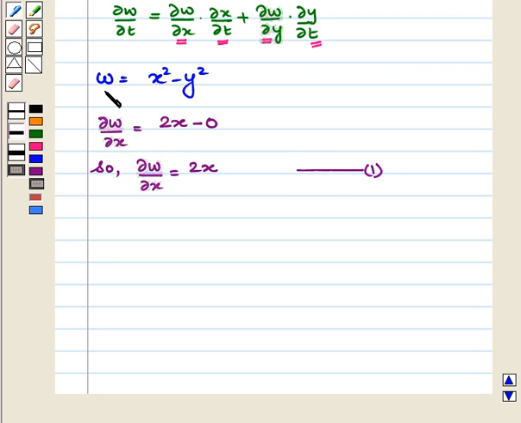Again differentiating W equal to x squared minus y squared with respect to y, treating x as constant, we get ∂W/∂y is equal to 0 minus 2y. So ∂W/∂y is equal to minus 2y.